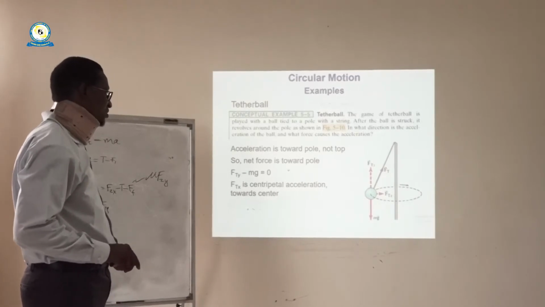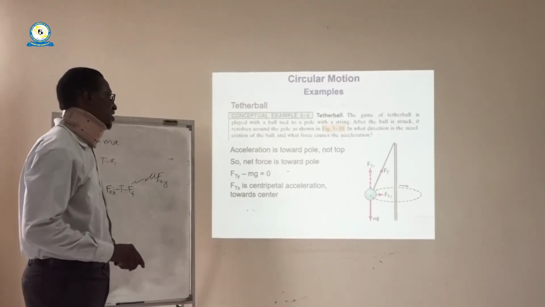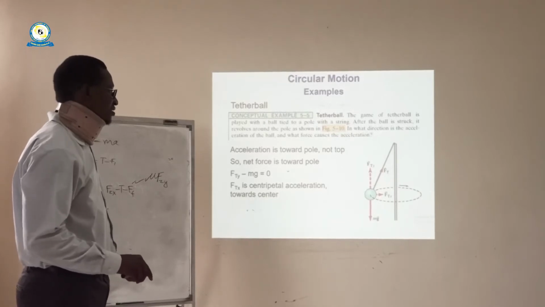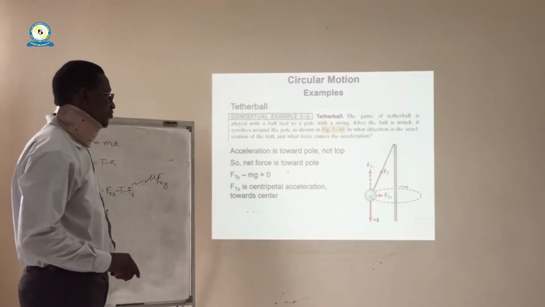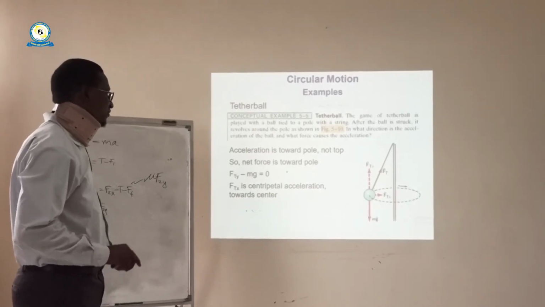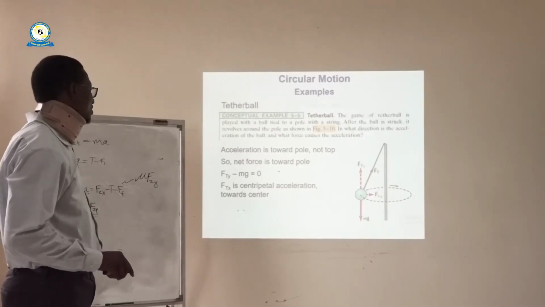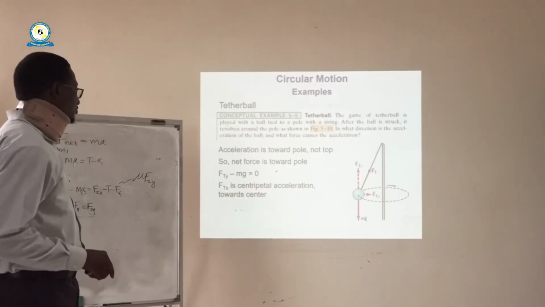Because the center is this one, and centripetal acceleration is the acceleration you get in a circle, as a body or object revolving around a circle or in a vertical circle. So it's acceleration toward there.